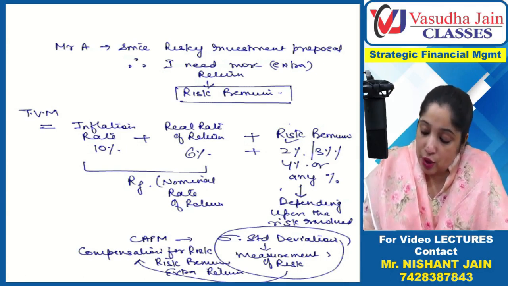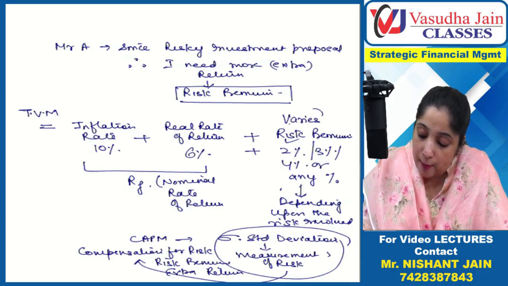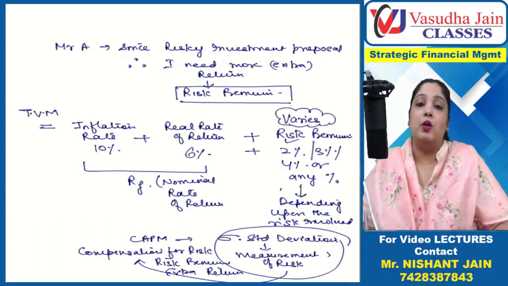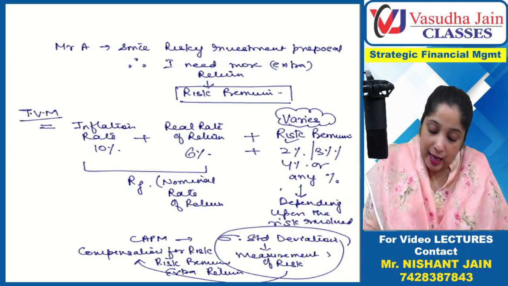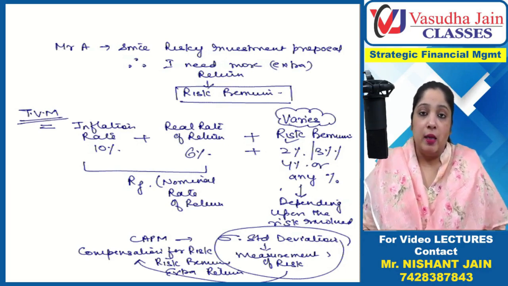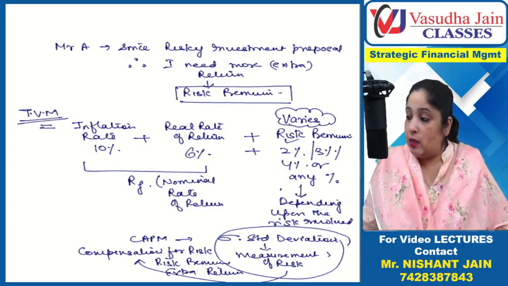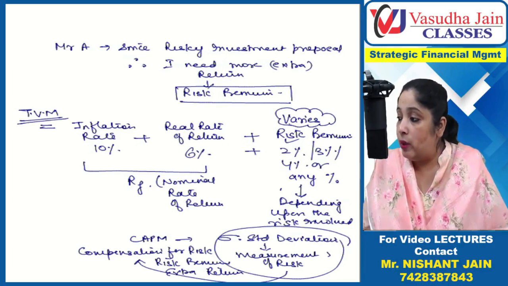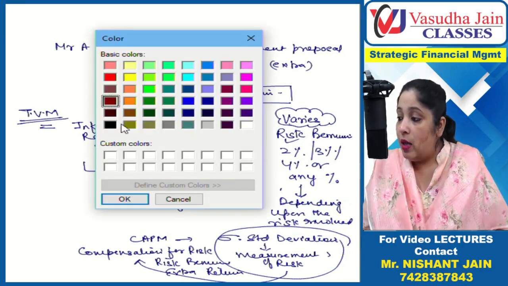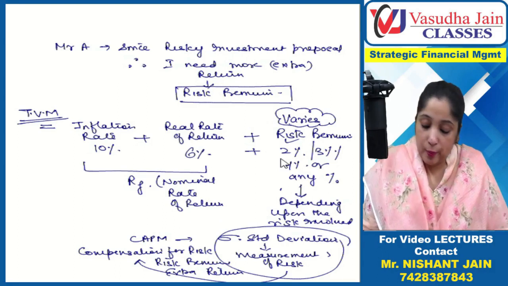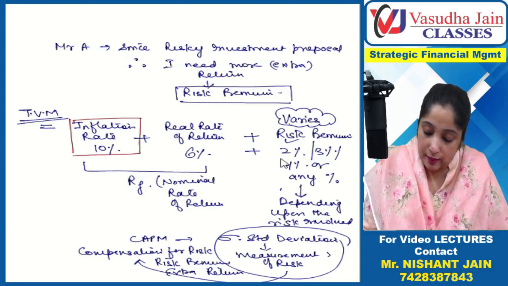So, this portion varies depending upon the risk involved in your proposal. Basically, time value of money differs with every proposal. One very important thing is that these two portions remain constant.